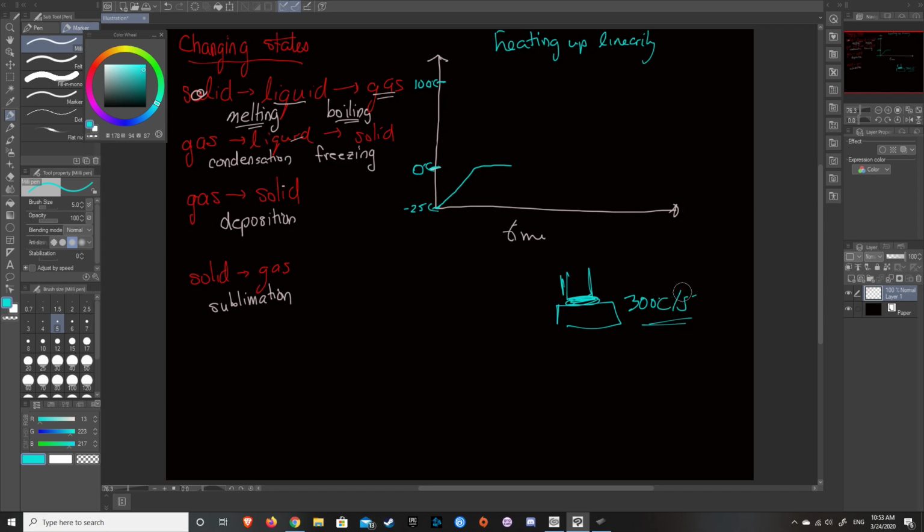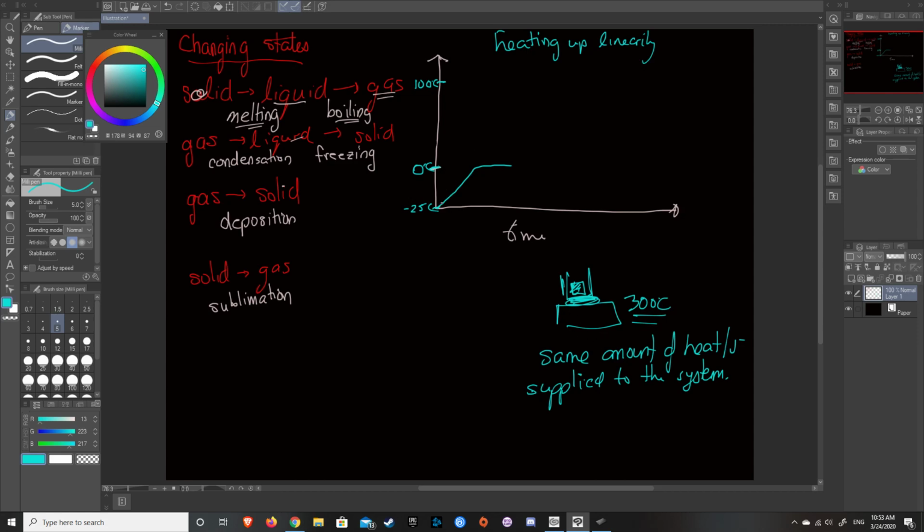It's not 300 degrees Celsius per second, but let's just say the same amount of heat per second supplied to the system. We've got this block here of ice, and we put it on top of the hot plate that's sitting at 300 degrees Celsius and not changing.